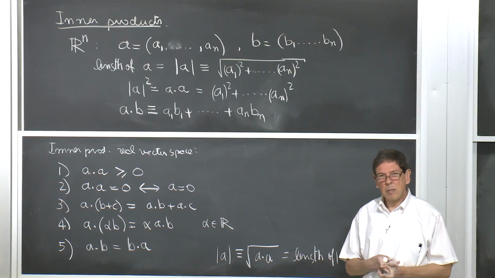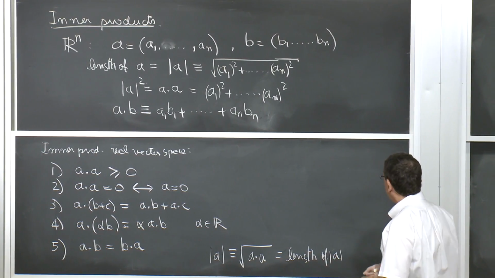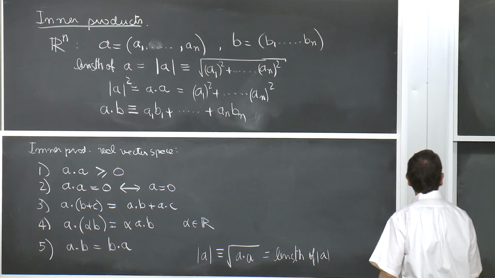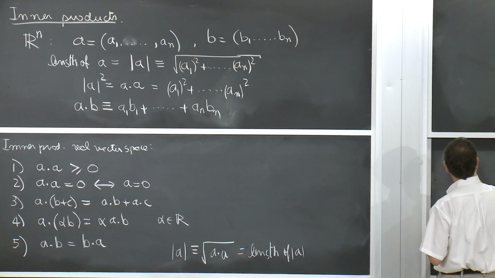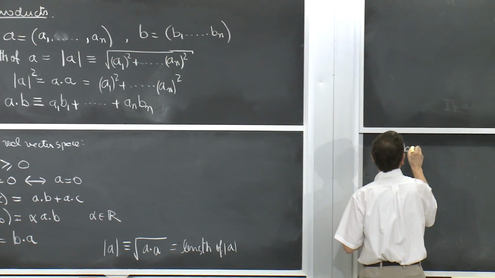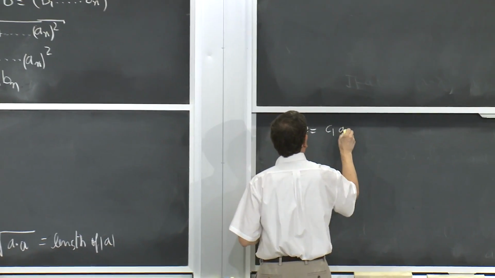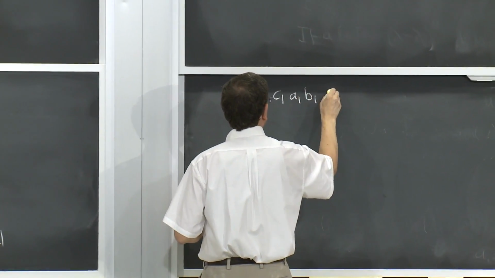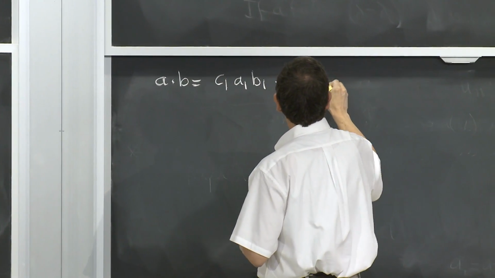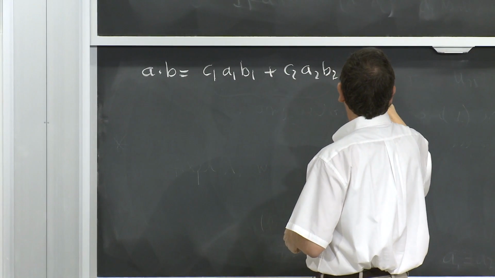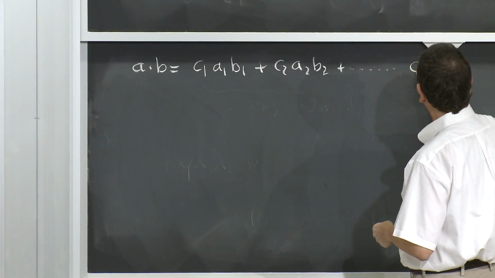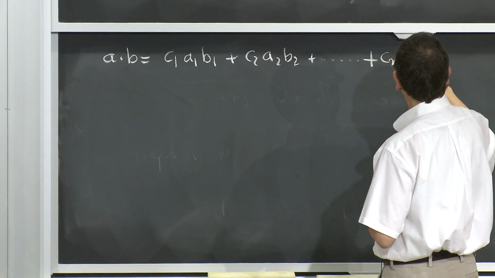And the answer is no, it does not force you to do that. You could define A dot B to be C1 A1 B1 plus C2 A2 B2 plus Cn An Bn.